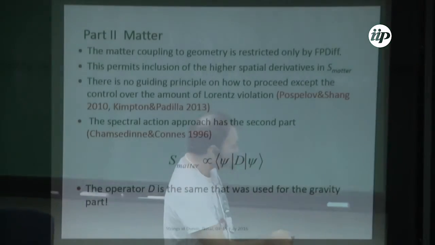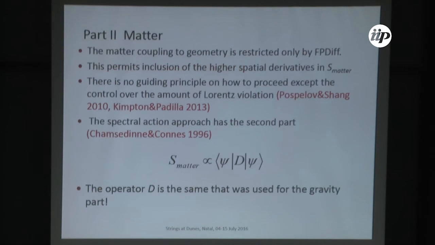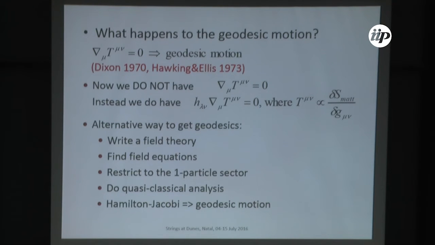But as I said, the problem is, of course, the huge Lorentz violation immediately, even on the level of the geodesic motion. Probably it will be the last thing which I explain, and the rest I will just tell in words, what else could be done. If I have this kind of coupling, I have to understand what my geodesic motion is.